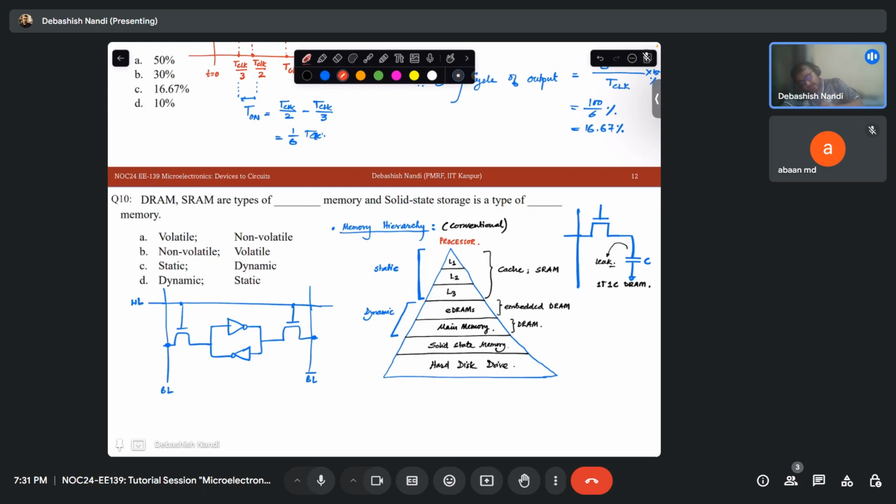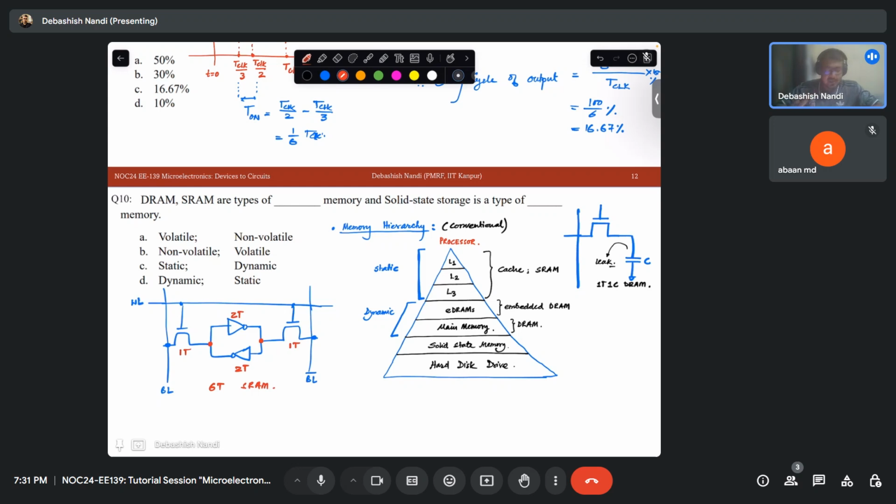So you see, this is your 6T SRAM structure, okay? Two transistors here, two transistors here, one here, one here. Charges are stored in these two nodes, or the memory is stored in these two nodes, okay? We will explain the detailed working of SRAM and DRAM in the next session.